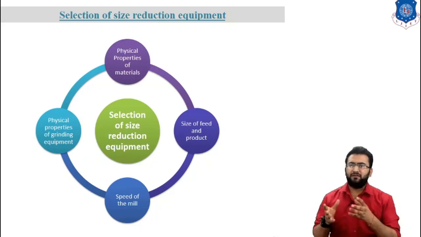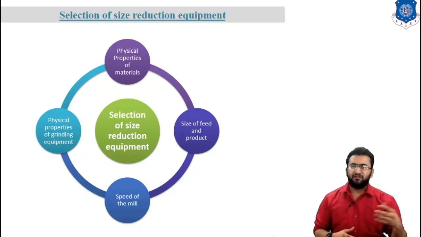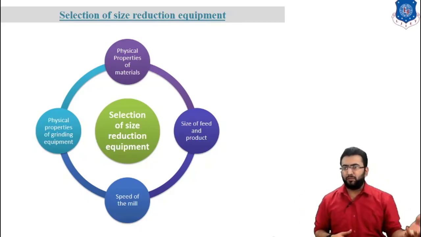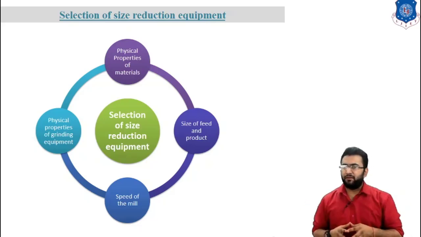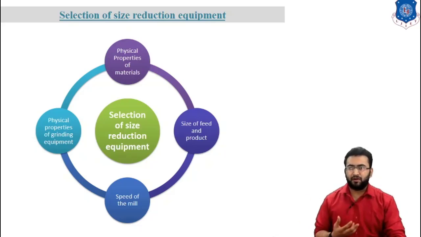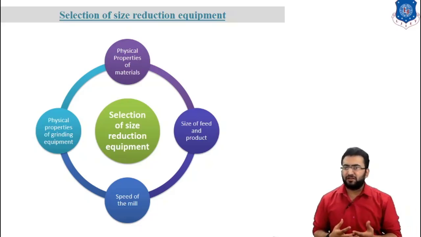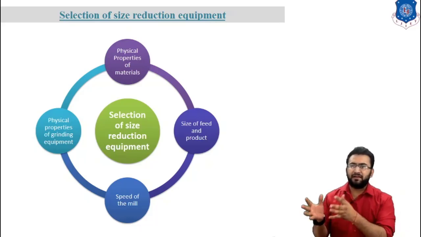So there are various factors which affect size reduction equipment, such as the physical properties of the material, such as hardness, mechanical structure, whether the material is brittle, fibrous, tough, soft or thermoplastic, then moisture content, specific gravity, size of feed and product, tonnage to be ground, speed of the mill, and physical properties of the grinding equipment such as the shape and characteristics of the lining, and the shape and characteristics of the grinding medium. So these all are factors which affect the selection of size reduction equipment.